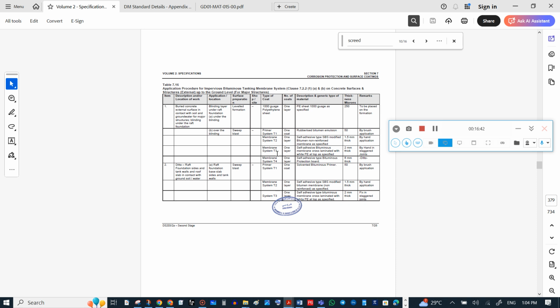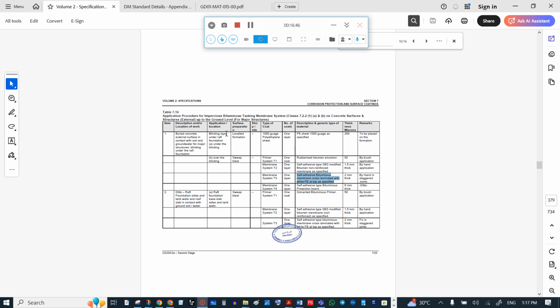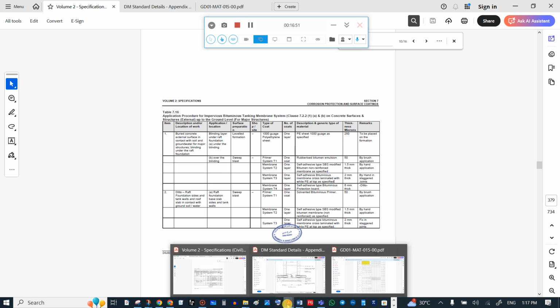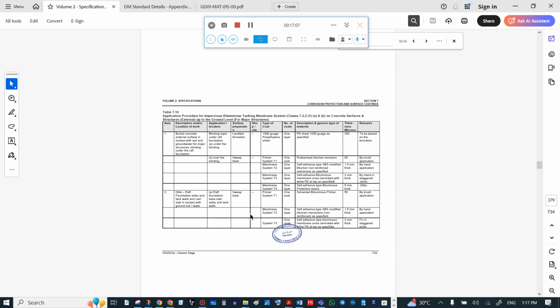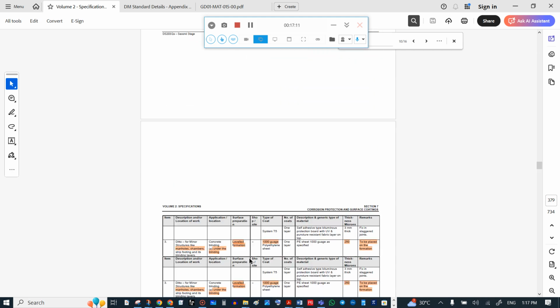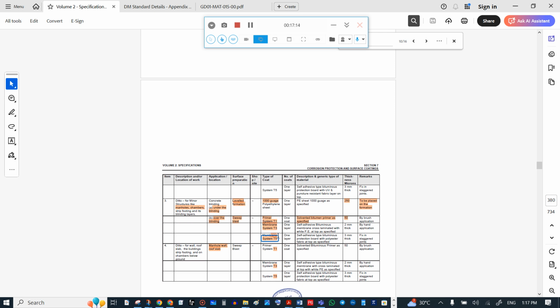So, our combination for the waterproofing over here, waterproofing tank detail 705, this waterproofing is composed of this system T1, T3 plus T5. T1 is the bituminous primer, that is polyprime SB, we discussed.